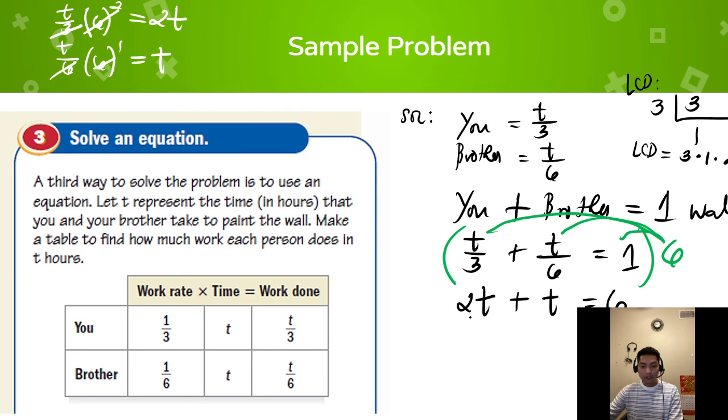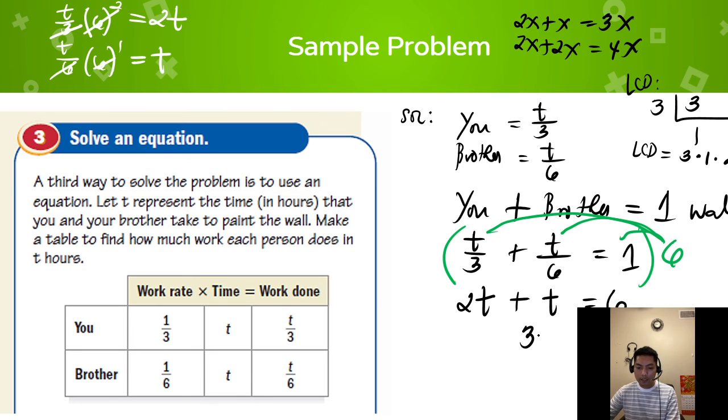Now, notice 2t plus t. It's like having 2x plus x, which is just equivalent to 3x. Or like 2x plus 2x, that gives you 4x. So if we have 2t plus t, that means 3t equals 6. We're almost there. That leads us to multiplying 3 with a reciprocal for it to become 1 beside t.